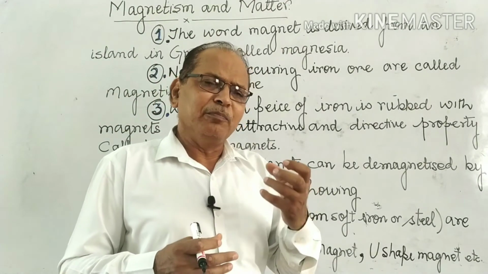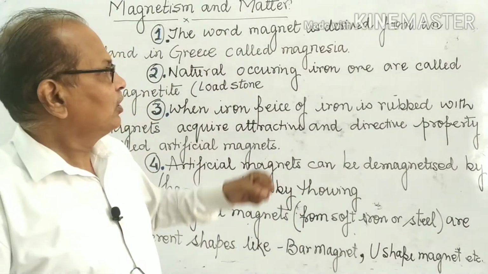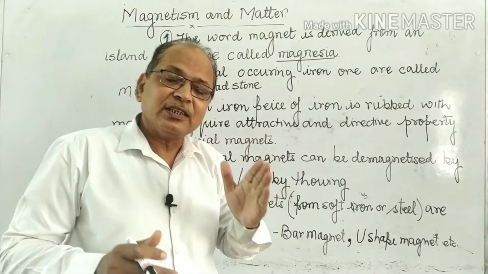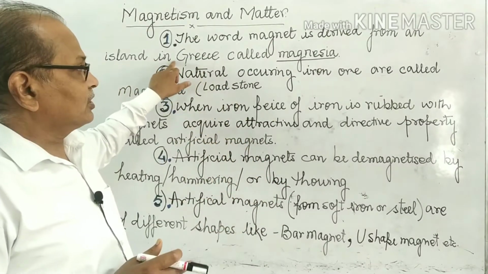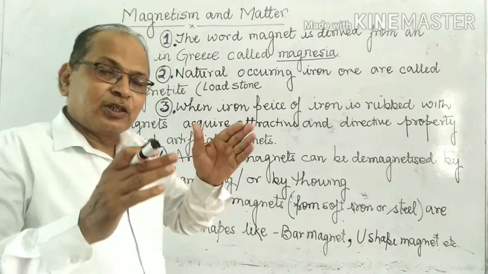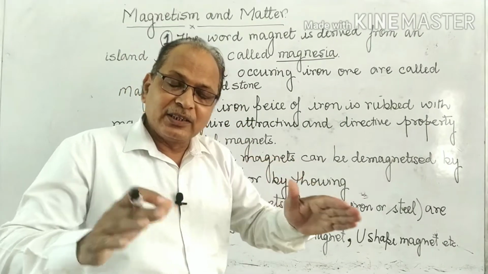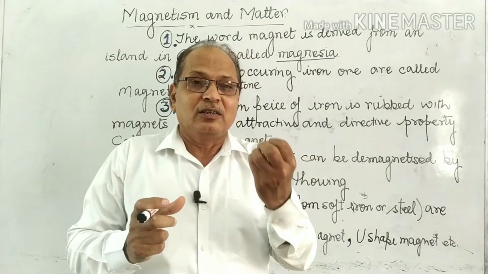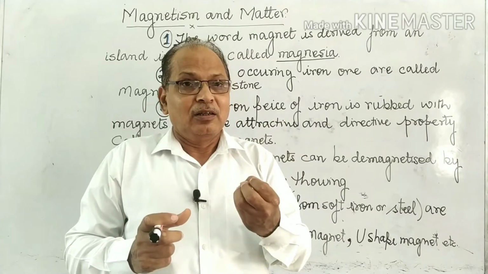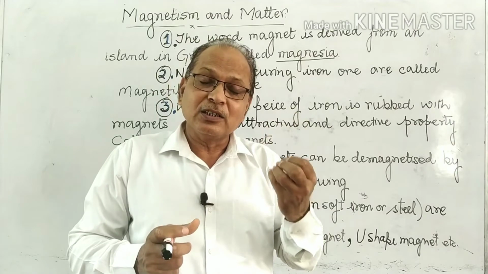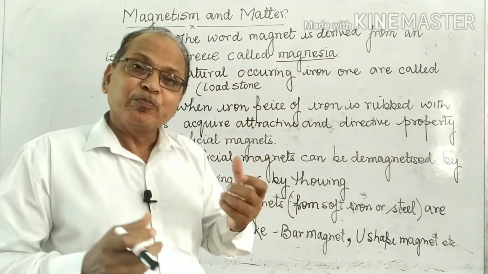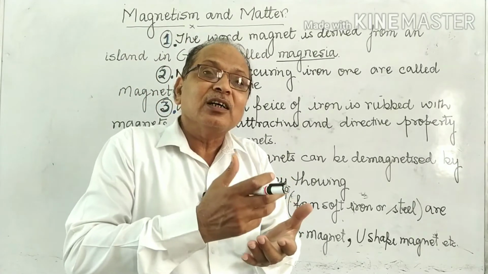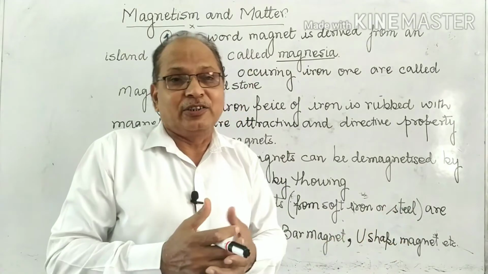The word magnetism first of all comes from the word Magnesia. Magnesia is an island in Greece. The rocks on the island have a property to attract iron, and the villagers of the island Magnesia found that their shoes were stuck with the stones present on the island.